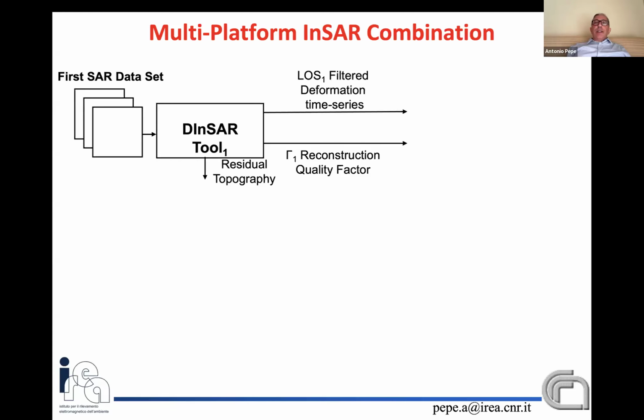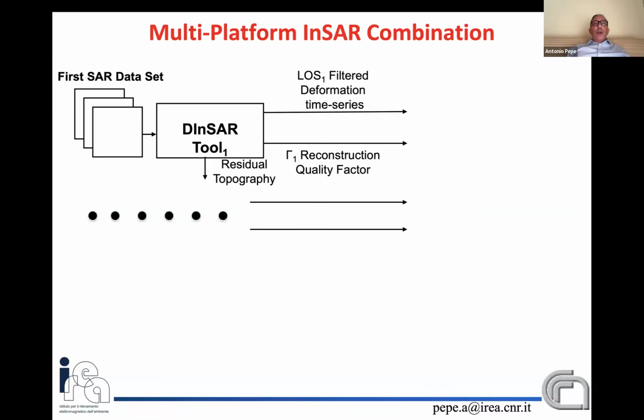So we have a first SAR dataset, and we have the deformation time series obtained using this first SAR dataset. We have the line of sight deformation time series, and we have the temporal coherence. Actually, we also have additional information like the residual topography and so on. And this can be done using the first SAR dataset. In general, we have another SAR dataset.